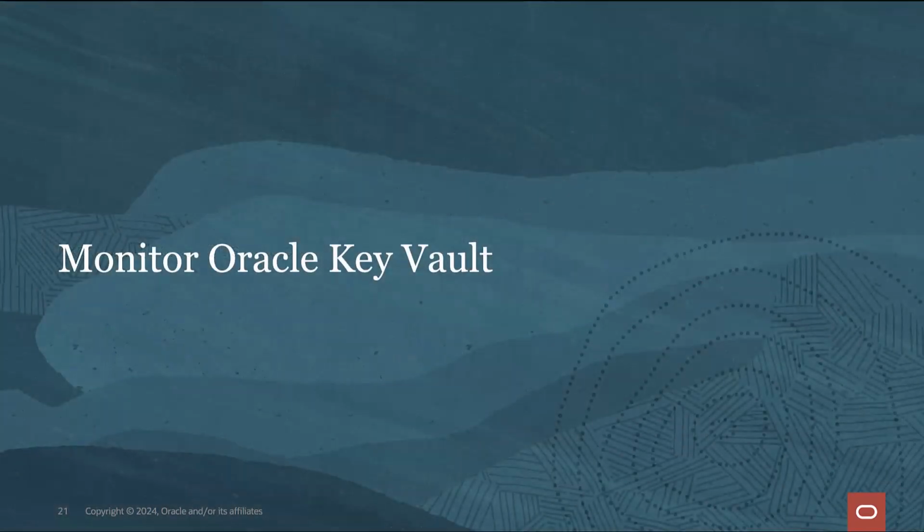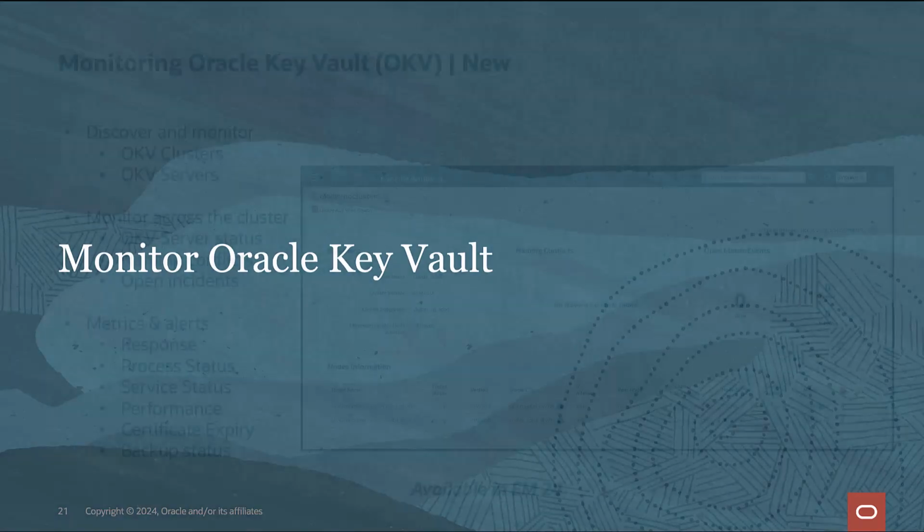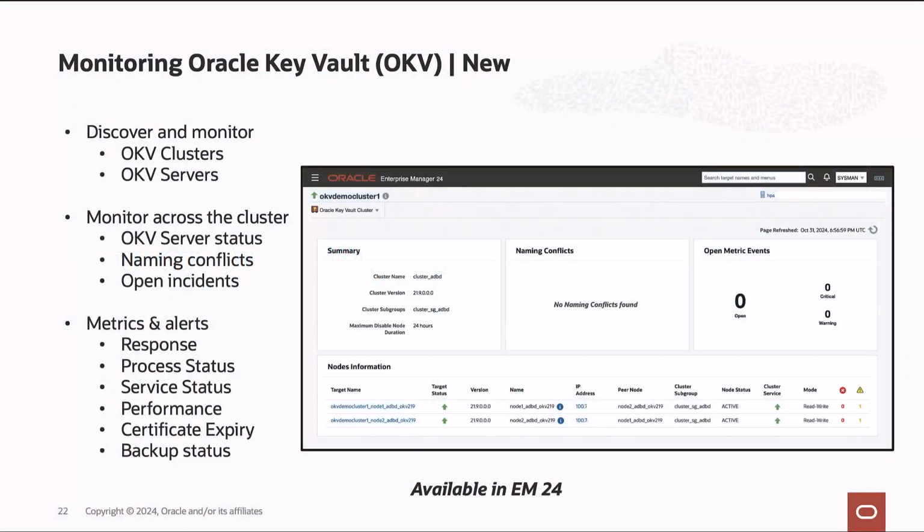In this section, I will cover the support for monitoring Oracle Key Vault in Enterprise Manager. Oracle Key Vault (OKV) provides secure storage and management of encryption keys, secrets, and credentials used by Oracle databases and other applications. This centralized solution is essential for organizations to protect sensitive data and adhere to regulatory standards.